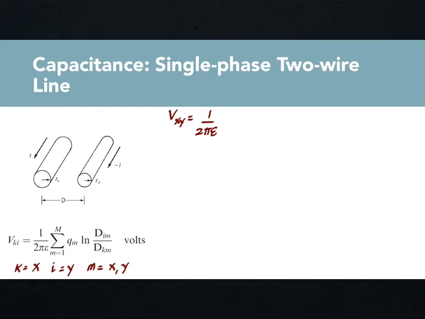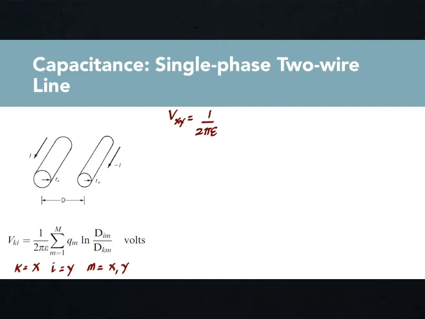But because of the conservation of charge, we now have QY, the charge on conductor Y, which is equal in quantity to the charge on conductor X. QX is equal to QY in quantity, but the direction is different.